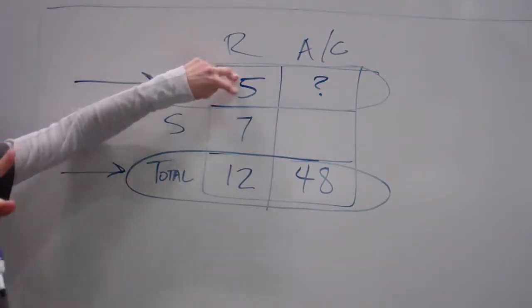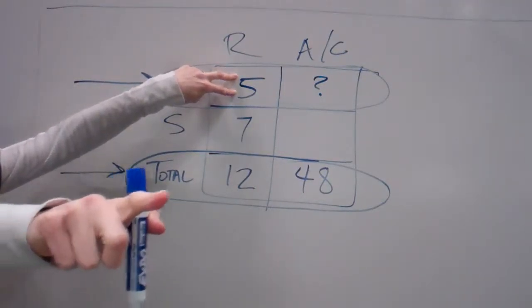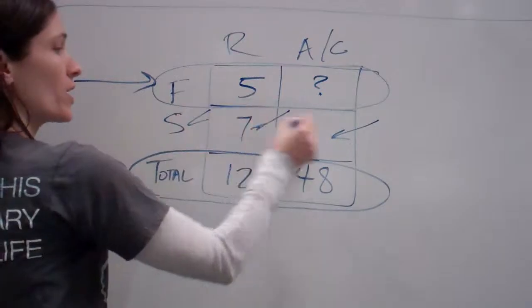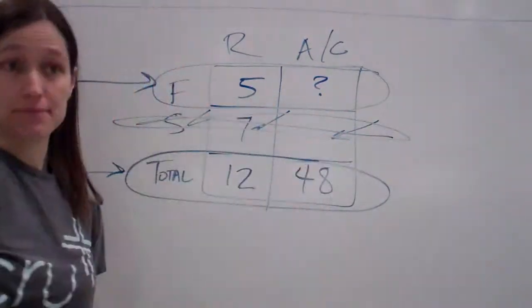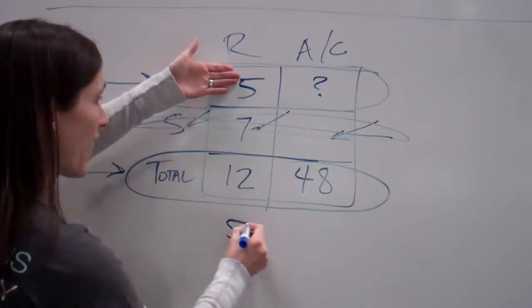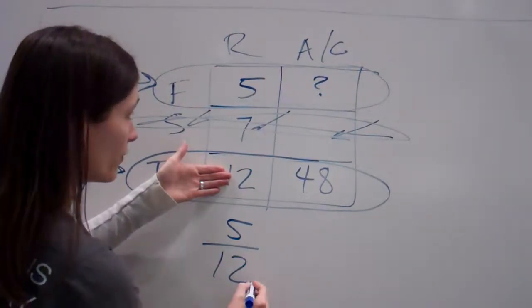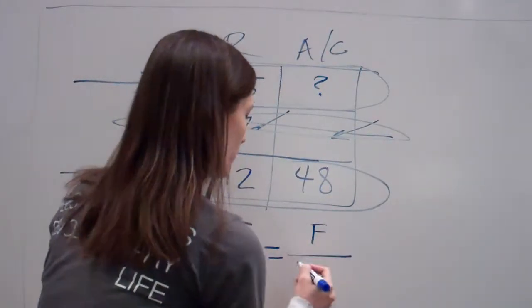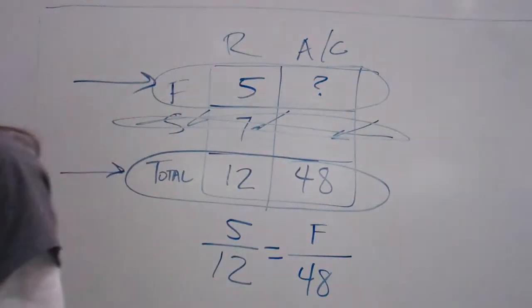Now, there are 2 ways to do this. Let's do it the cross multiply way. Do I even need this information right here? No. So I'm going to mark it out. We don't even need it. So basically what you're going to do is still put 5 over 12 equals, and I'm going to put an F there, F over 48. Does everybody see how we did that?